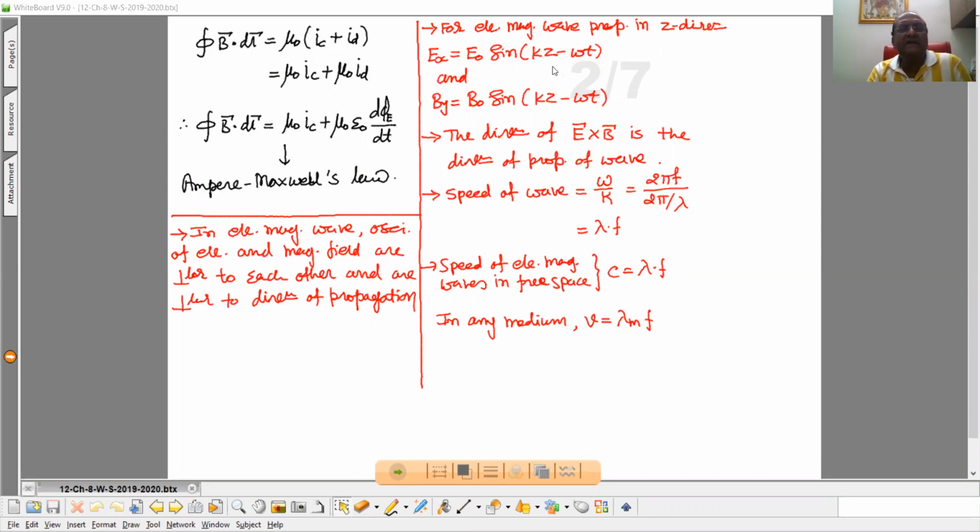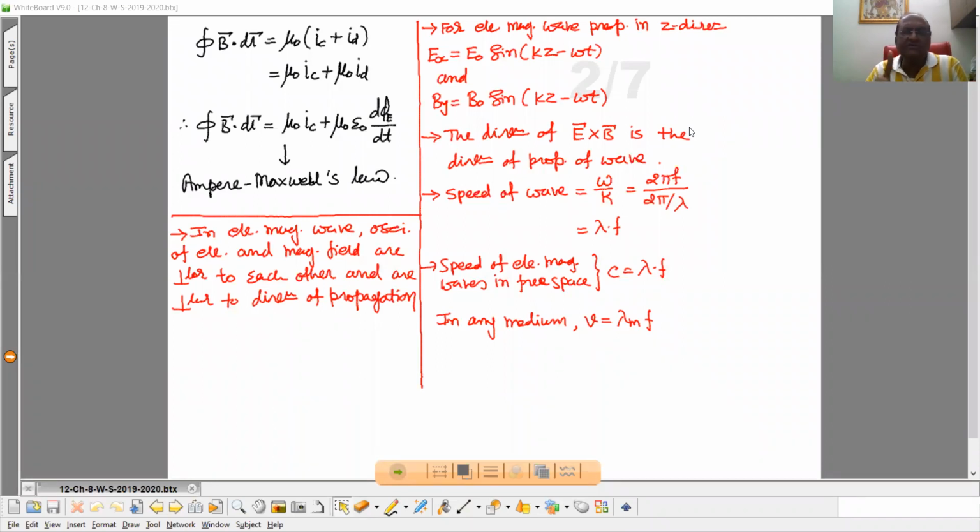It implies that the kinetic energy associated with the oscillating charge is converted into electromagnetic energy, because after all, an electromagnetic wave is a form of energy. So electromagnetic waves are self-sustained.